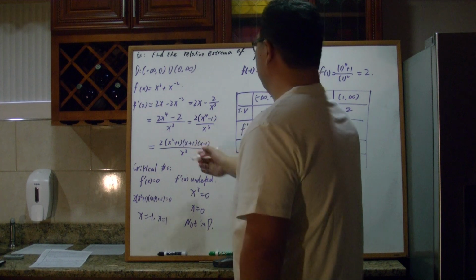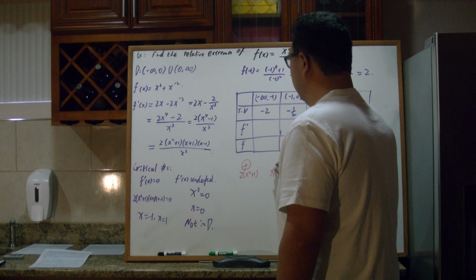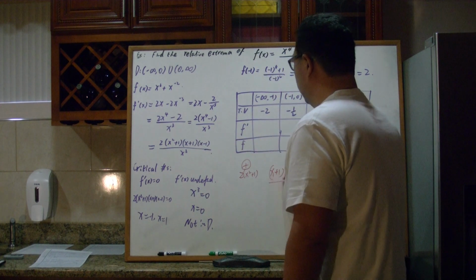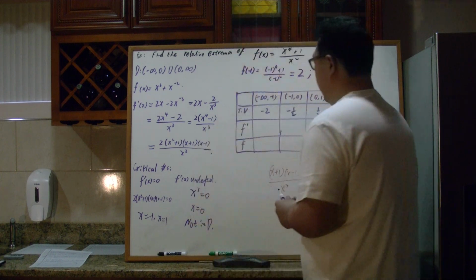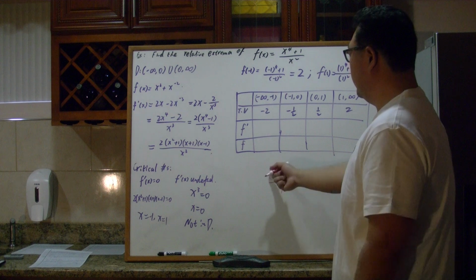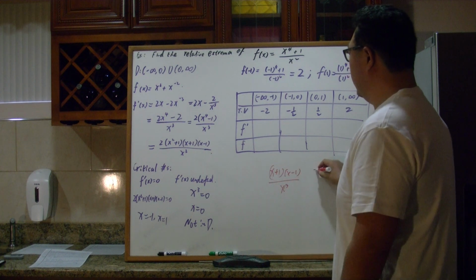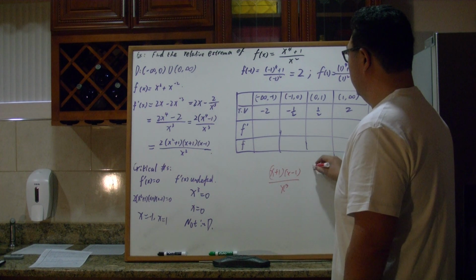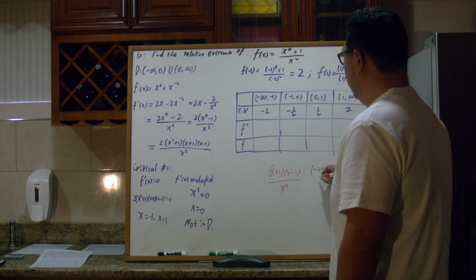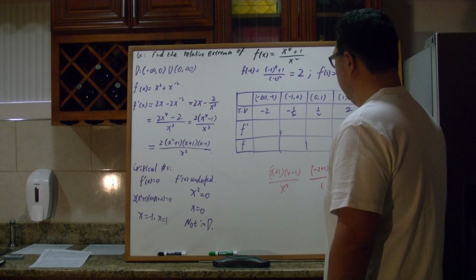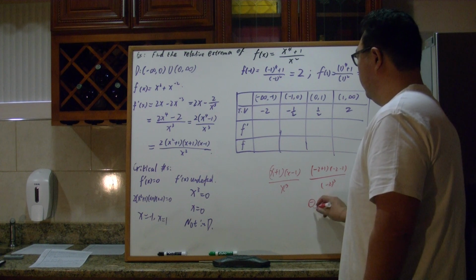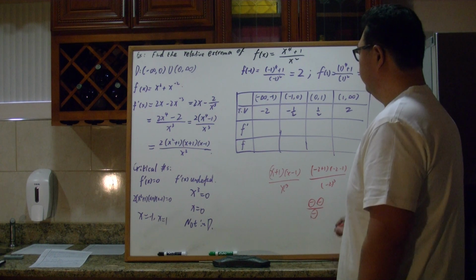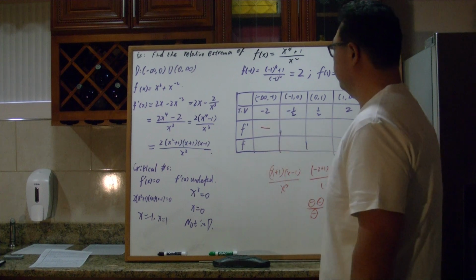The only difference is x plus 1, x minus 1 over x to the third, which will affect our sign. Right, so for negative 2, we get negative 2 minus 1 over the cube of negative 2. That is negative, negative, negative, which will be negative.